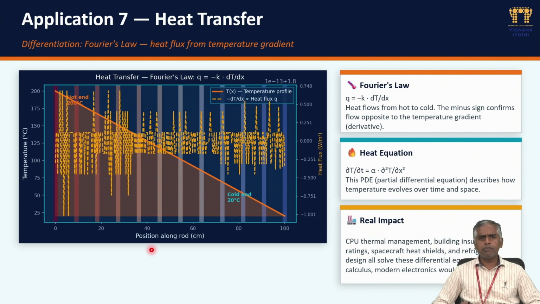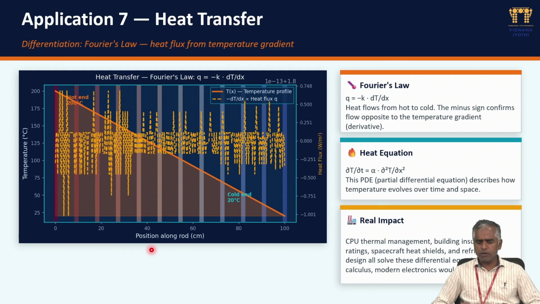Next, the seventh application, heat transfer. What is the motto behind heat transfer? That is differentiation, that is Fourier's law: heat flux from temperature gradient. What is Fourier's law? Q equal to minus K into dT by dx. That means heat flows from hot to cold.